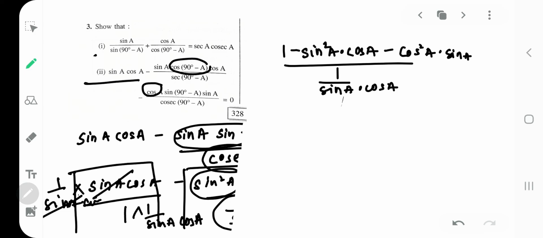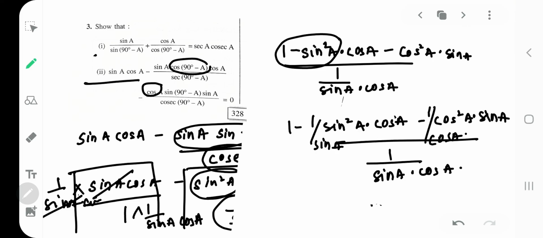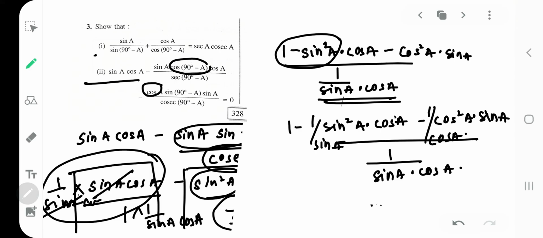Now my dear kids, for 1 minus sin square A, can I write cos square A into cos A minus cos square A into sin A. While taking the LCM, we took the LCM of 1 upon sin A cos A with the first term only. But what about the others?